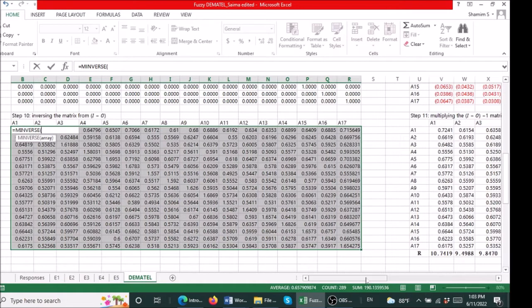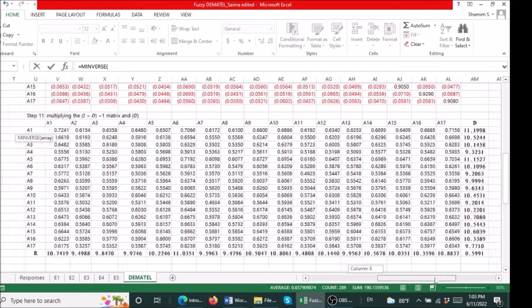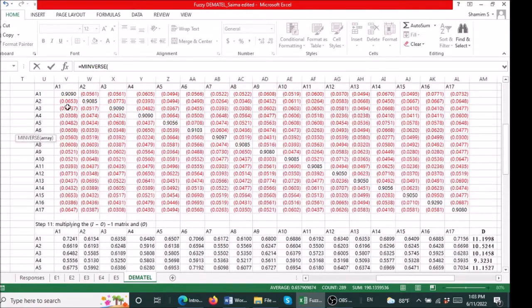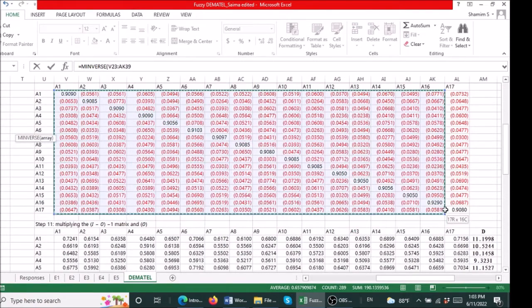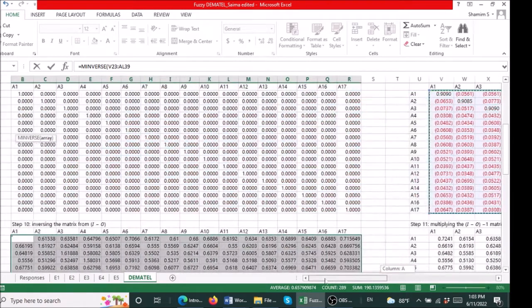This time our array is this one, so we have to inverse this matrix, right? Now close the bracket and don't press only Enter.